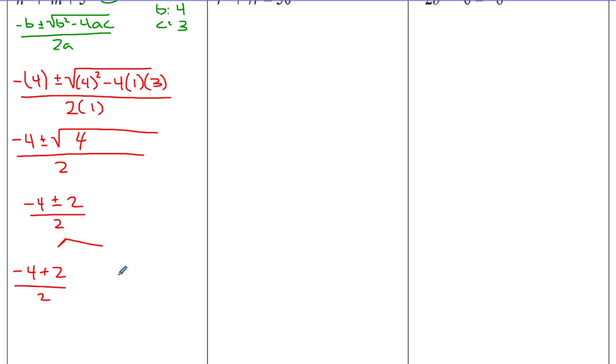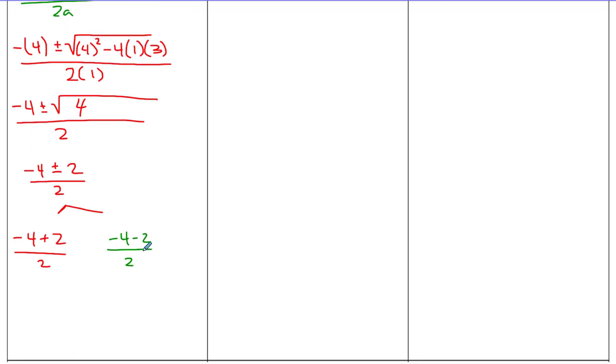And my other one, I'm going to have a negative 4 minus 2 all over 2. Negative 4 minus 2 gives me a negative 6 over 2. After I divide this out, I'm going to get a negative 3. The one here on the left, I got a negative 4 plus 2, which is a negative 2 all over a positive 2, which gives me a negative 1. So I now have my solution, negative 1 and negative 3.